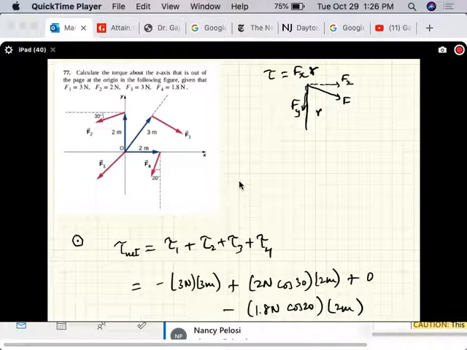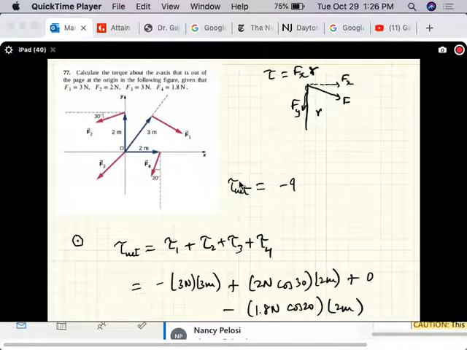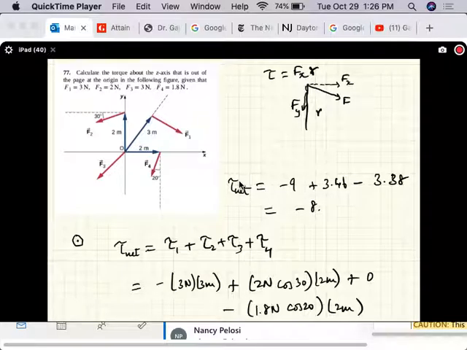So the net torque is minus 9 newton meters, plus 3.46, minus 3.38, so minus 8.92.